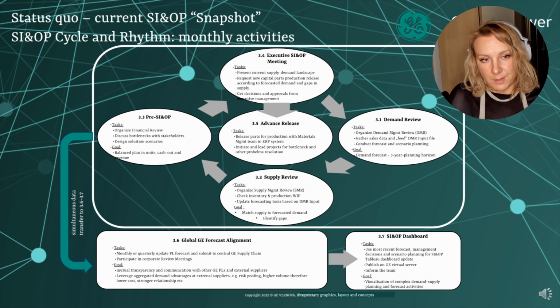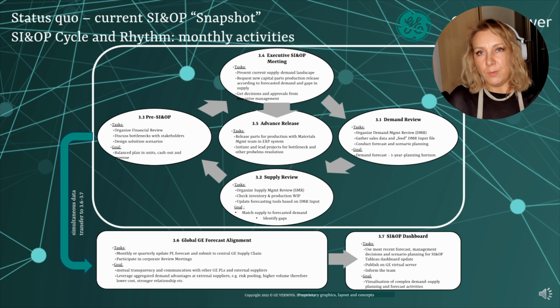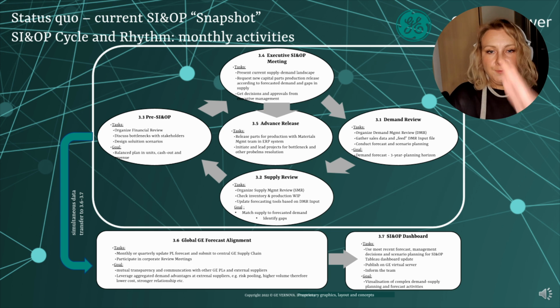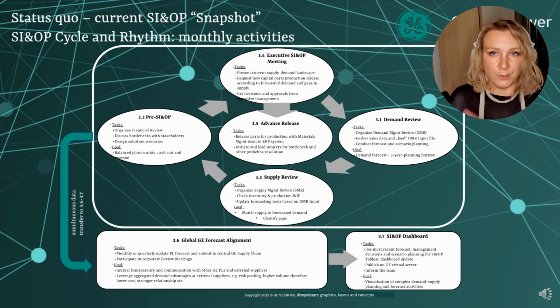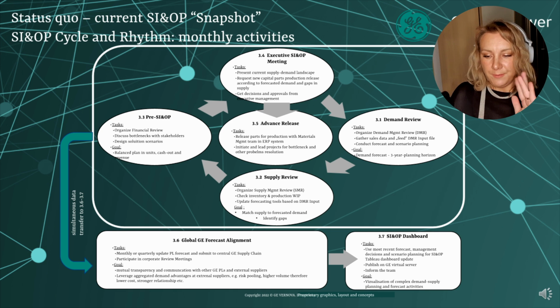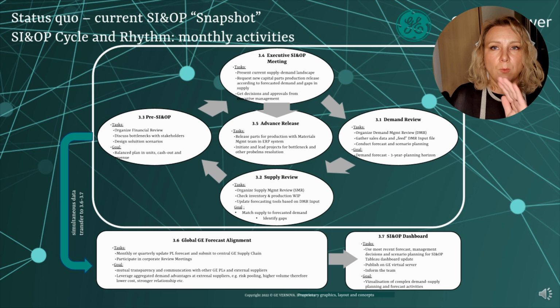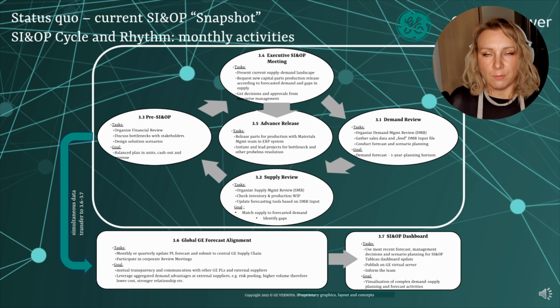Once I have gathered this information, I do my scenario planning and forecast. And whatever I identify as demand, I match in the supply reviews with our materials management team, with NPI, and with the repair shops. We see what is in stock, what must be produced, what can be repaired, and what must be developed.